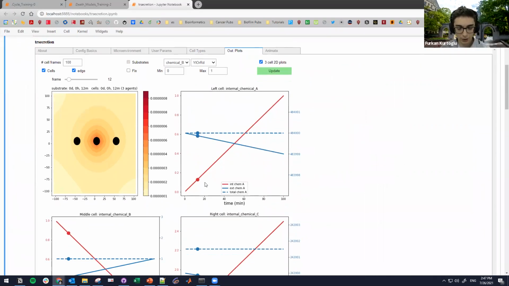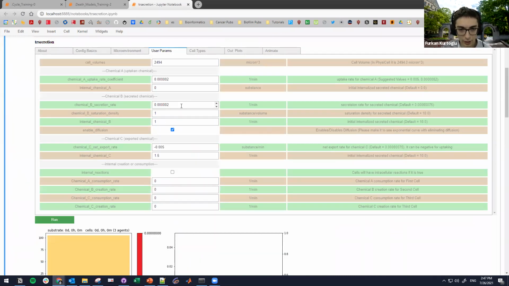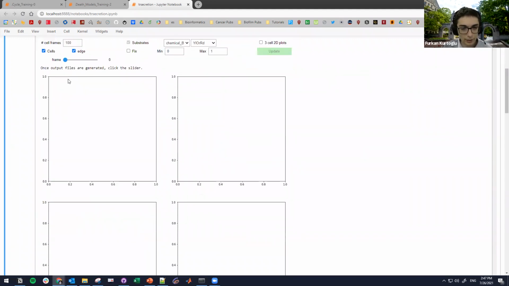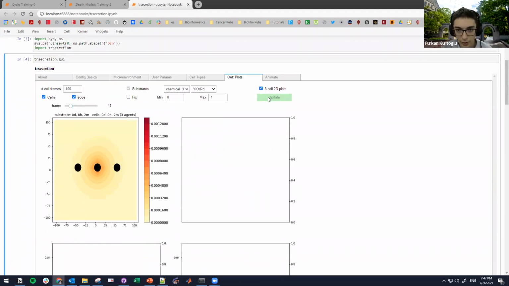I just want to show this one so everyone knows. Let's say we have a very high secretion rate in here. So I'm just simulating. I need to update the cells.